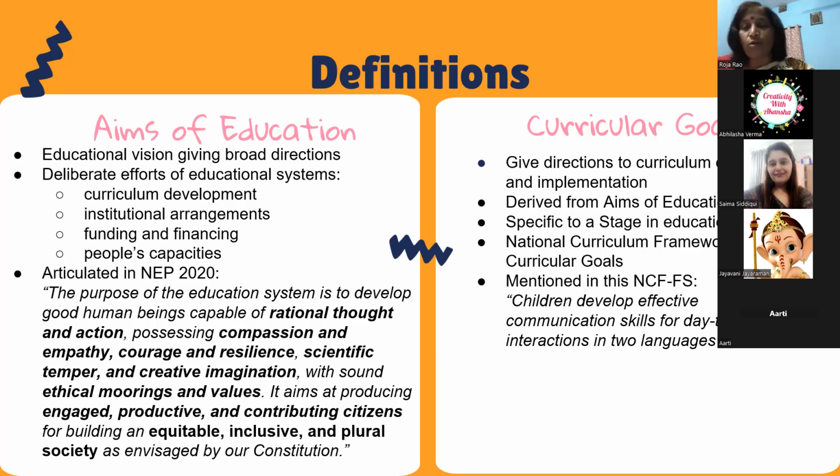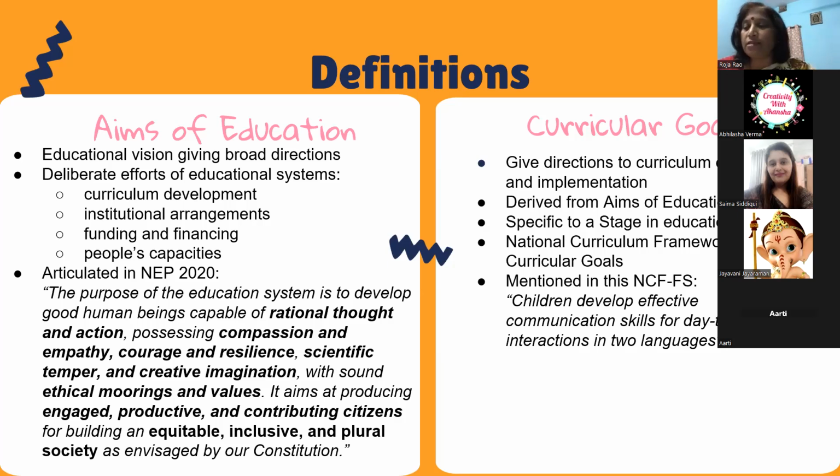And it also aims at producing engaged, productive, contributing citizens for building an equitable, inclusive, and plural society, as envisaged by our constitution. So both NEP and our constitution go hand in hand in fulfilling the aims of our education.